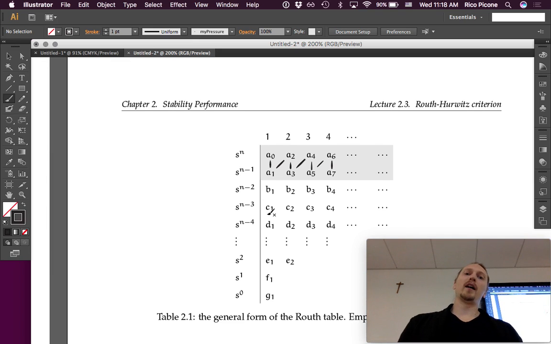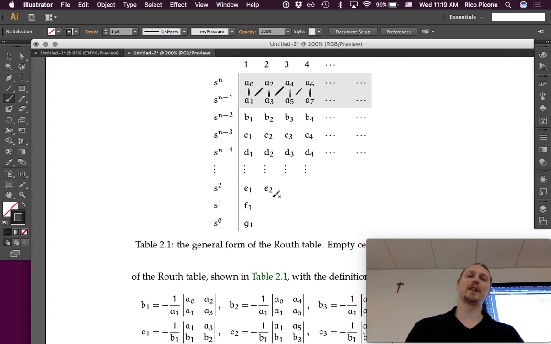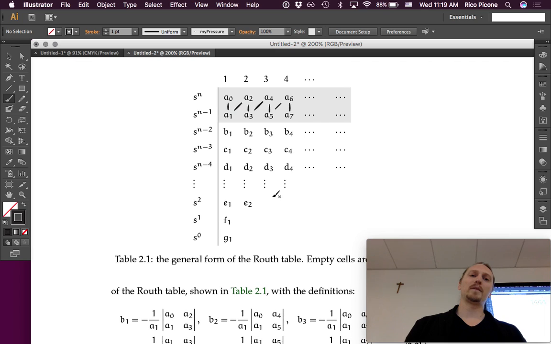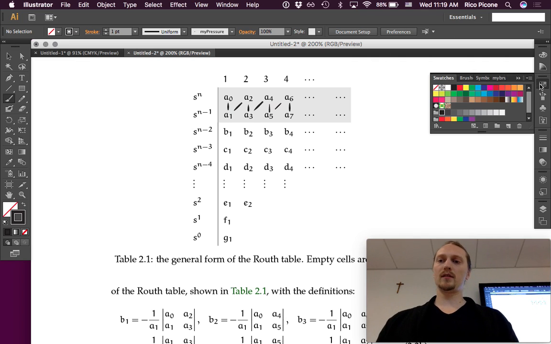Then we need to start computing these next rows from the rows above. And it pretty much comes down to taking a 2 by 2 determinant to calculate each one of these things. Okay? So the first coefficient that we need to calculate is b1, right? So I'll use a color for b1, choose a green color.